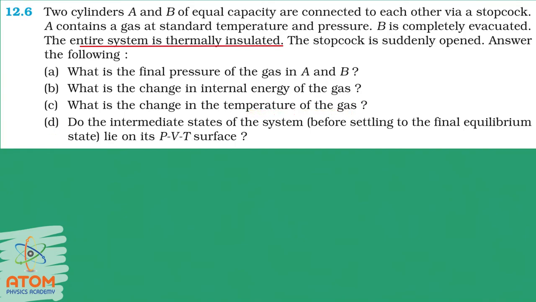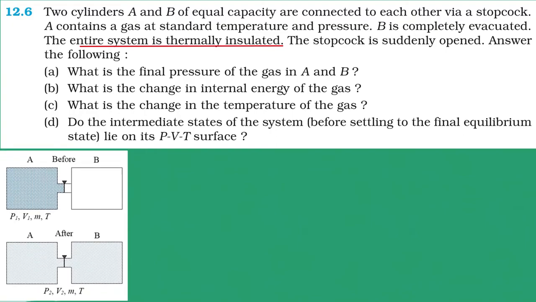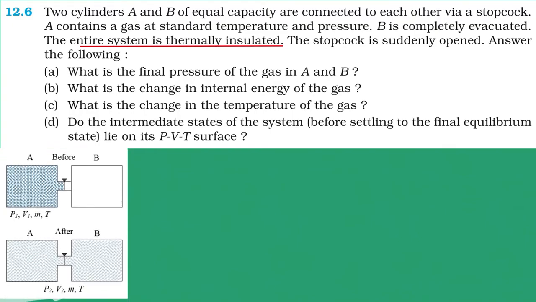And D. Do the intermediate states of the system before settling in the final equilibrium state lie on its PVT surfaces? Let me explain it with this figure. Here is the condition. These are two cylinders of same capacity, and the first one is filled with gas at standard temperature and pressure.